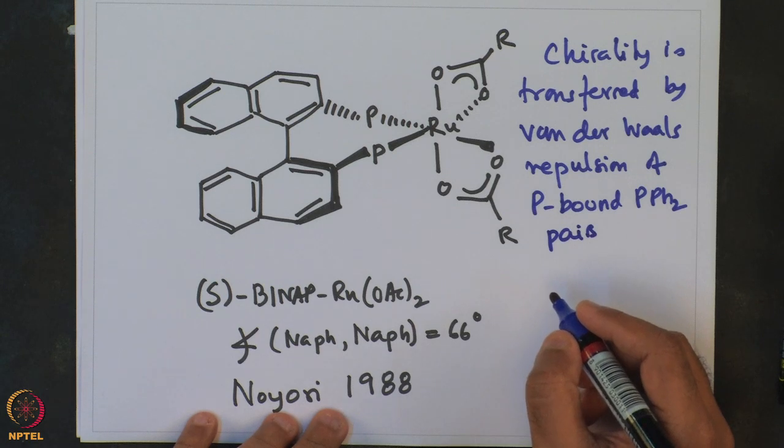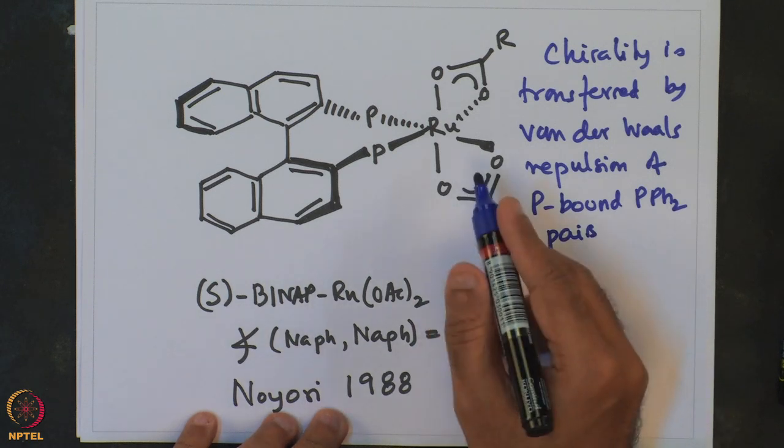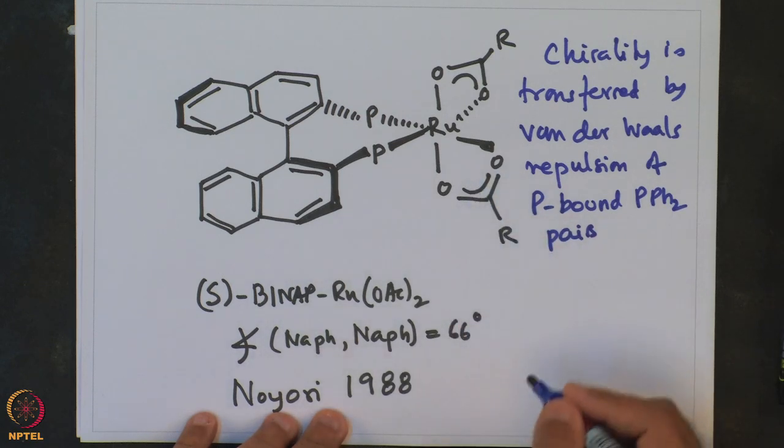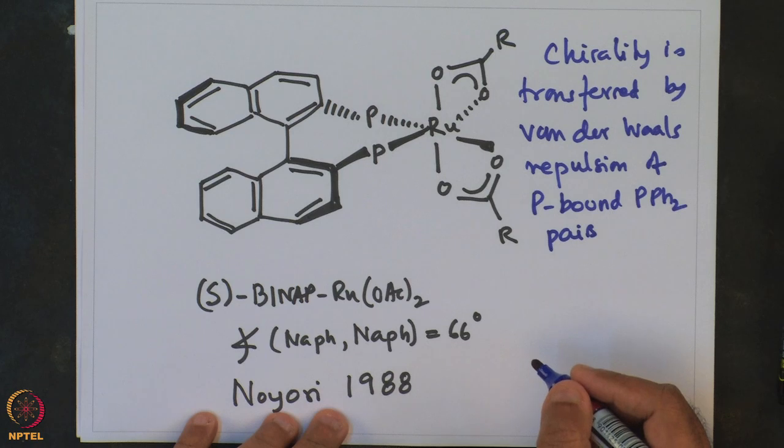And replacement of this acetate by a prochiral substrate allows facial differentiation.